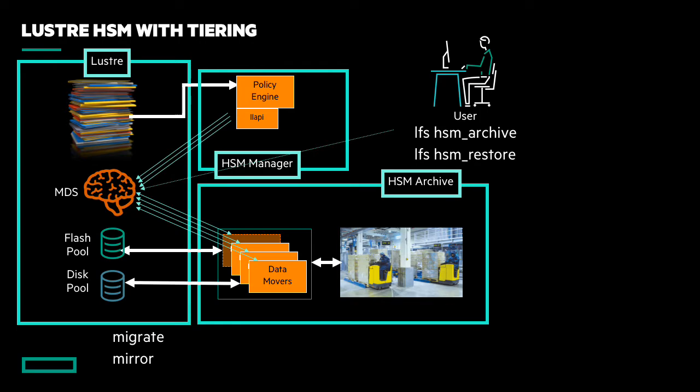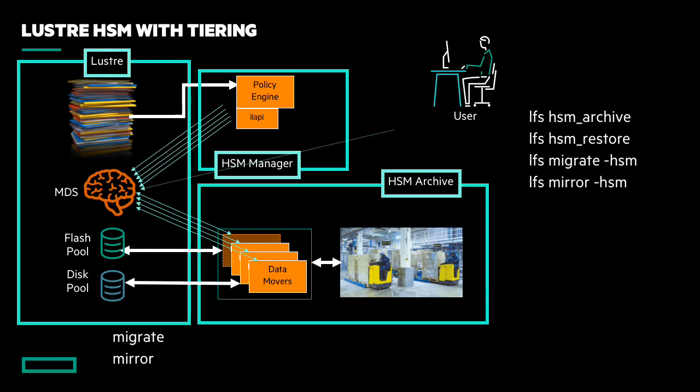But wouldn't it be nice if we could use our parallelized fancy data movers that are already doing our massive data movements off to our archive, and use those same data movers to do the movements between pools as well? So we've done that. We've added a migrate-HSM and an LFS mirror-HSM commands, and now we can issue those commands to our MDS coordinator, and it now will forward those on to the data movers to do those data movements as well.